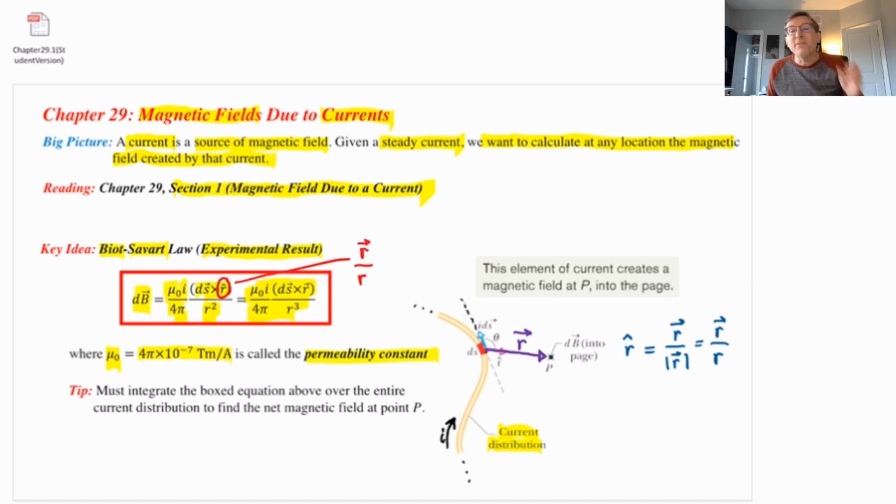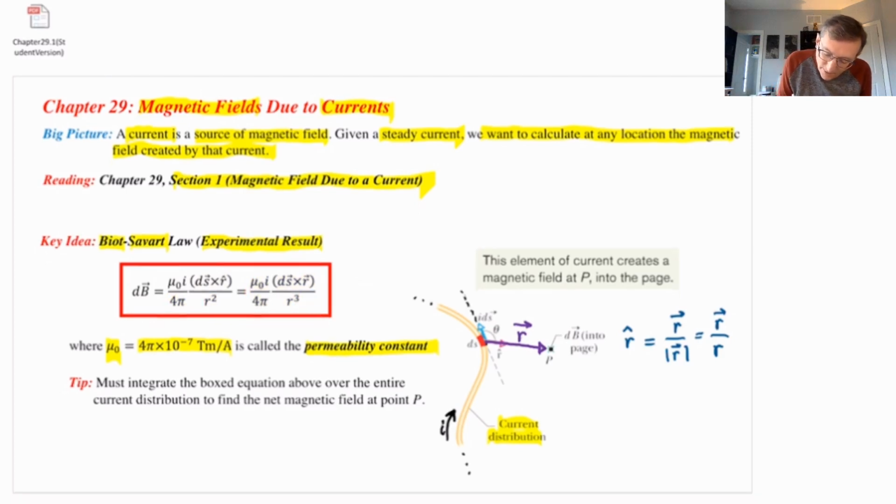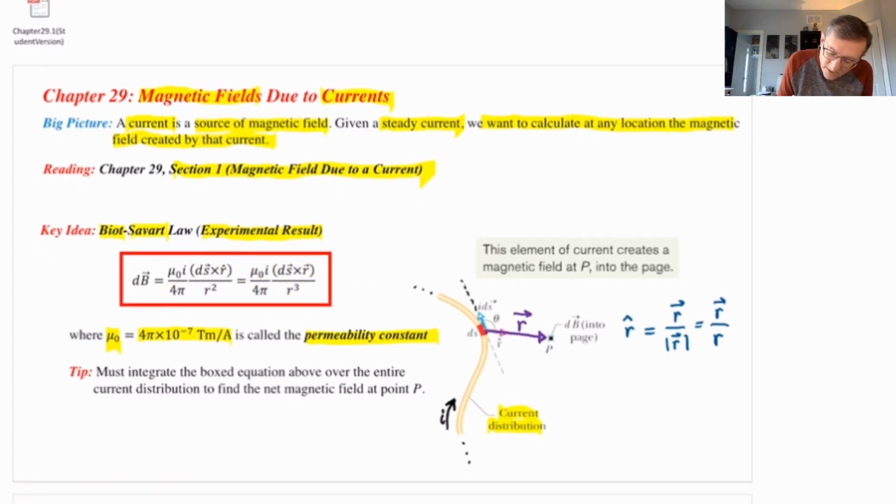Remember, this is the magnetic field contribution at point P from the little element ds that's part of the conducting wire that's carrying the current I. And the direction for the dB, in some basic sense, is completely determined in this magnetic field law by the direction of that particular cross product, ds cross r hat, because that's in the numerator of our magnetic field law.